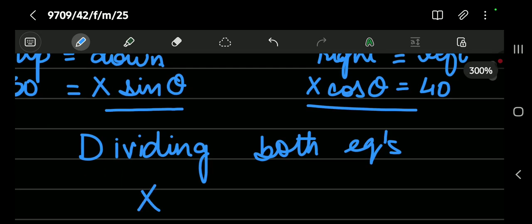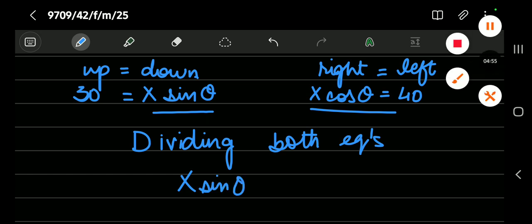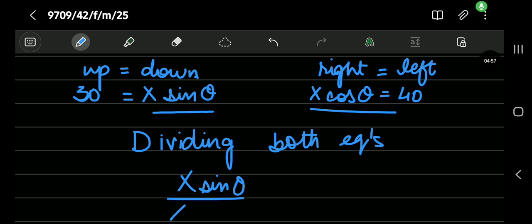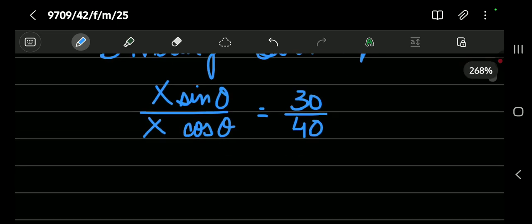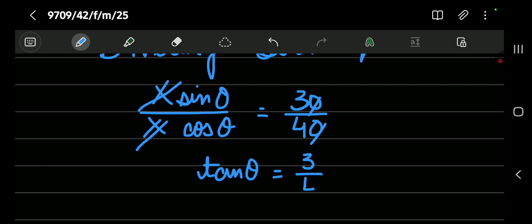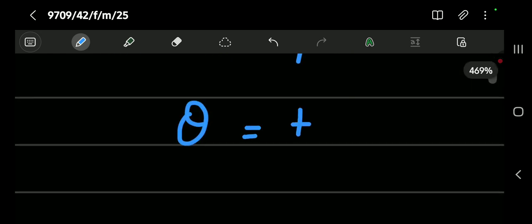So x sin theta over x cos theta equals 30/40. That means x and x will be cancelled and we are left with sin theta over cos theta, which is tan theta, equals 3/4, and theta is tan inverse of 3/4.